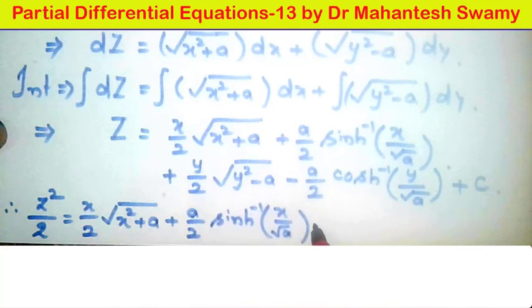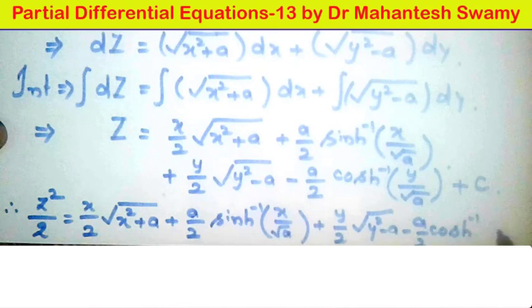RHS I am writing as it is, plus y by 2 into root of y square minus a, minus a by 2 into cos hyperbolic inverse of y by root a, plus c, the constant of integration as it is on the RHS.